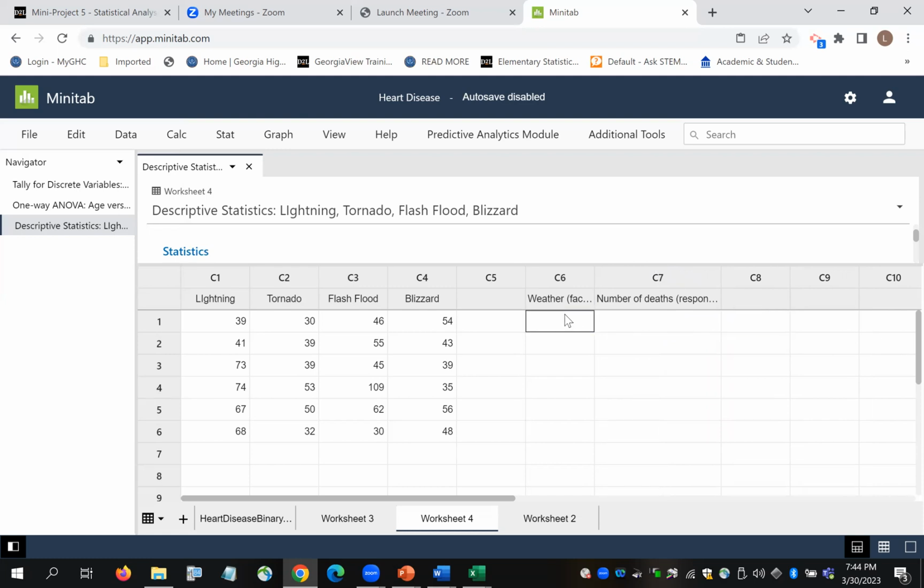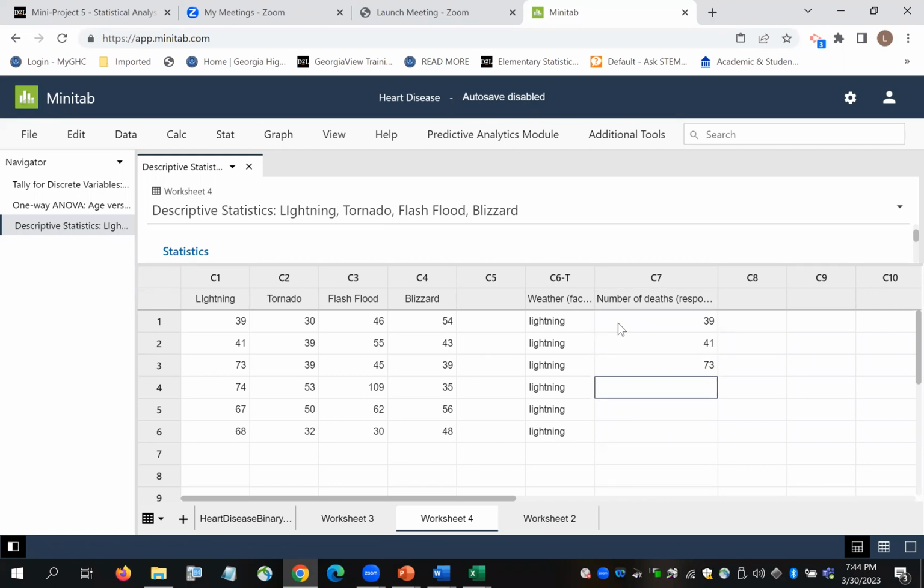So the first 6 have lightning. I type in lightning and then I enter the number of deaths for each one. So it's almost like a coding system.